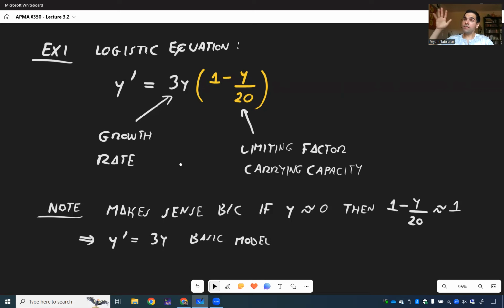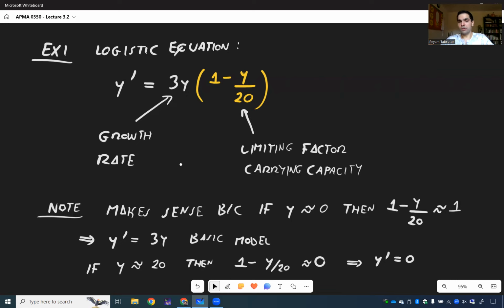So with a relatively small number of bacteria, they will grow exponentially. But if the bacteria population is close to the limiting population, so y is close to 20, then 1 minus y over 20 is close to 0, and we get y prime equals 0. That takes into account the slow growth of the population close to the carrying capacity.